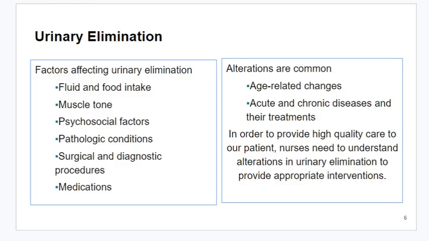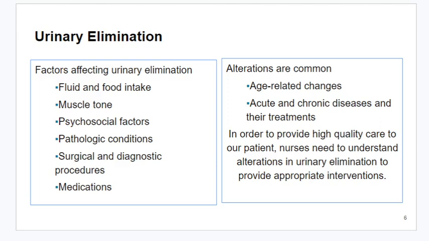Other alterations that relate back to our urinary system include age-related changes. As we age, so do our entire systems. So what is going to happen to our muscle tone in our pelvic floor? Is it going to become weaker over time? Maybe for females, if you've had multiple births, as we're aging, could the bladder start to prolapse or sag, which could contribute to some of those incontinence issues that we'll talk about in class.